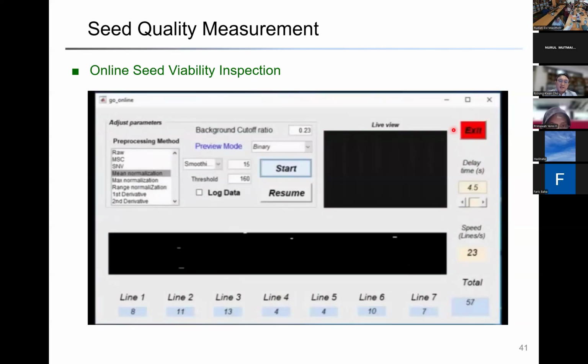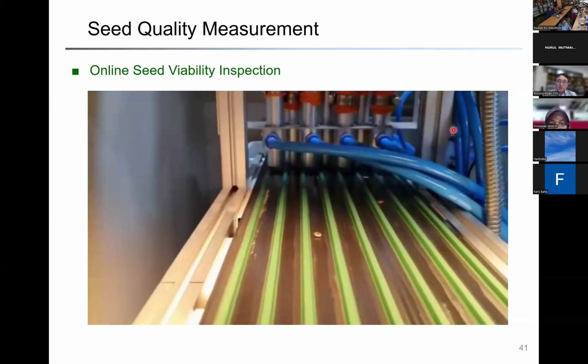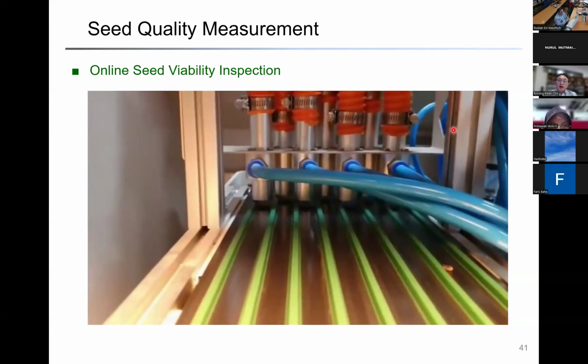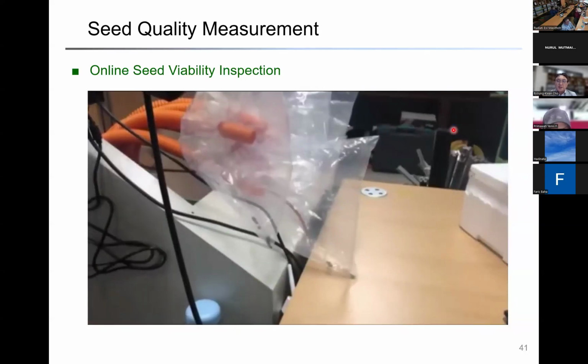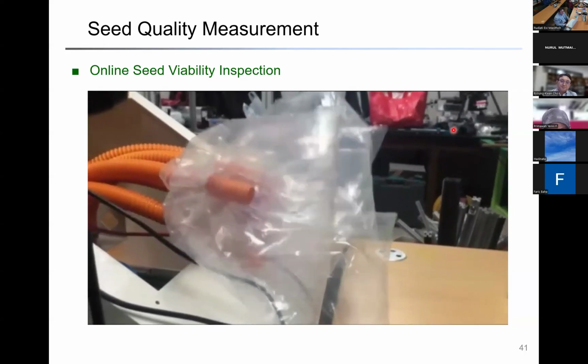Okay. So line by line scanning, we measure the hyperspectral images of the seed, and then apply an already developed classification model, and we can identify which seed is good and which is no good. If the seed is no good, we suck out the seed like this way and throw it away.